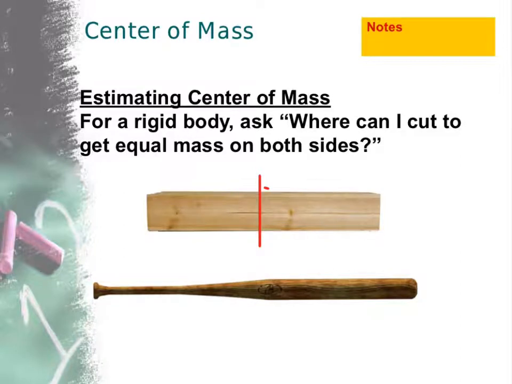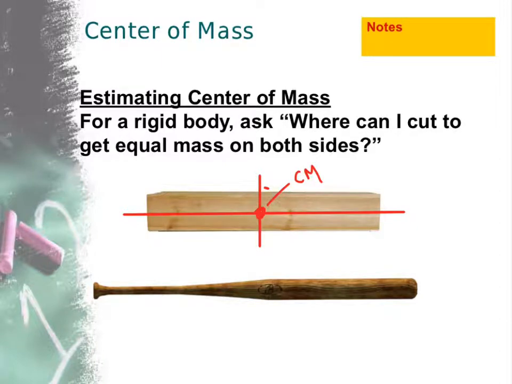And since I'm dealing with something that's in 2 dimensions, I can make a cut in another direction where it's symmetric, like right here. And I know that my mass above is equal to my mass below, excuse me. So this would be the location of my center of mass.